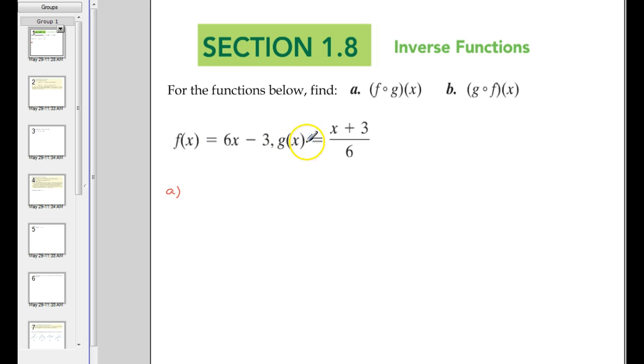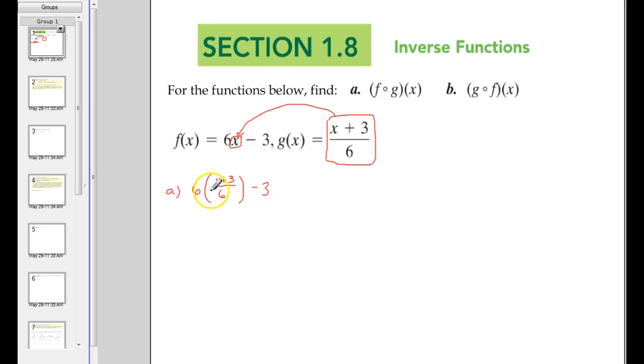a function in another function means to take all of the right hand side of this g function. This is how we get g, and we're going to put that in place of the x right here. We're going to replace x with all this. So I'm going to get 6 times all of this. So 6 times, I'm going to put a parentheses, x plus 3 over 6, and then minus 3.